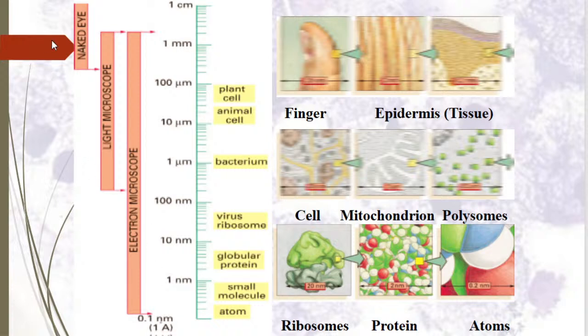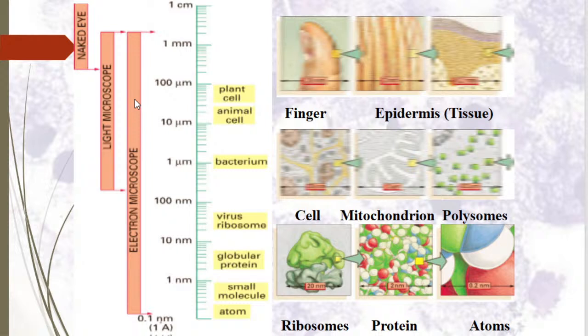We have seen that the naked eye shows us centimeters, millimeters, but at the level of 10 micrometers, plant cells and animal cells are invisible to the naked eye. For that we use a light microscope. But if we continue the investigation, and if we need to know how they are organized, we need to use another type of device, the electron microscope.